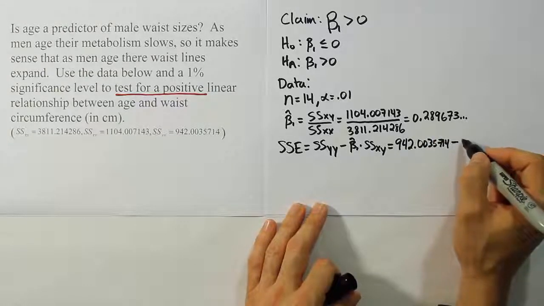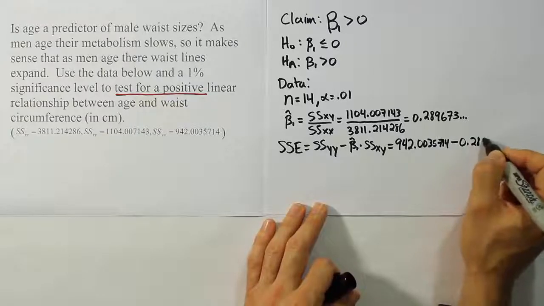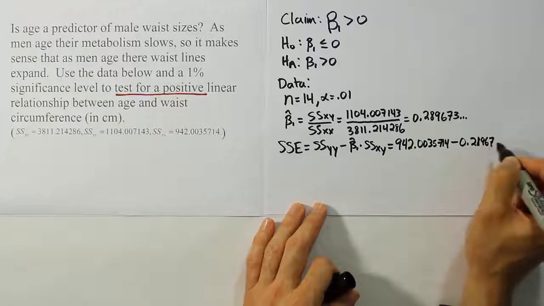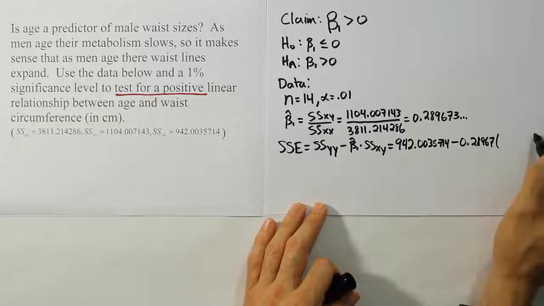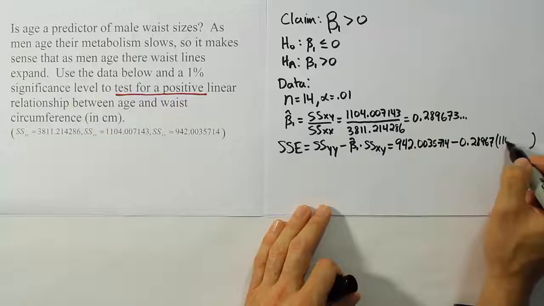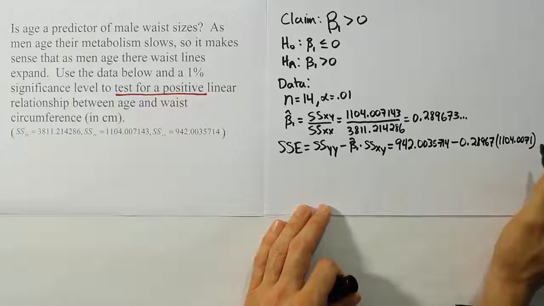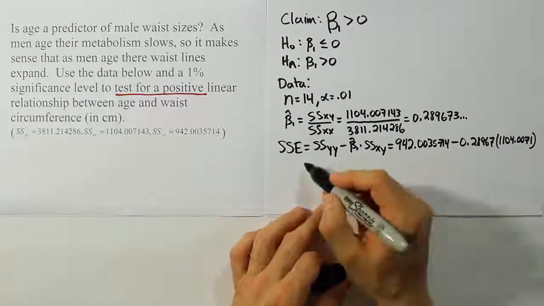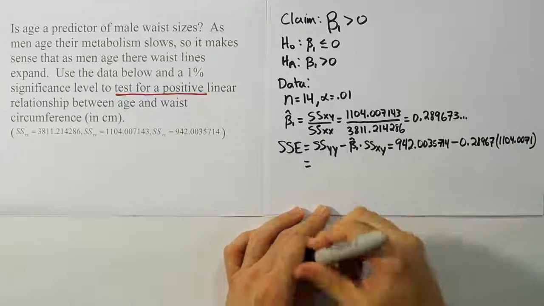Now our slope is 0.28967. I'll just put that in there for now so we have room to write the next term. And the next term is SSXY, the same number we have on top of that fraction there. That's 1104.0071, let's say.